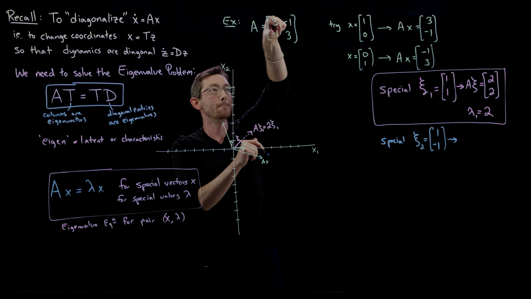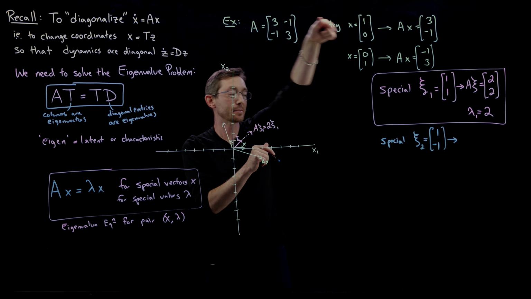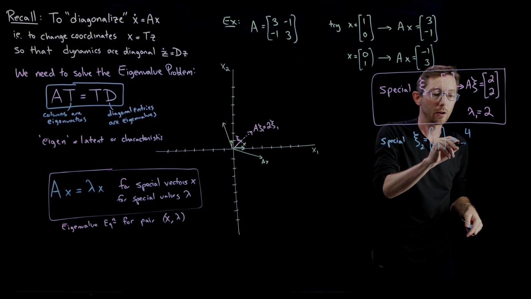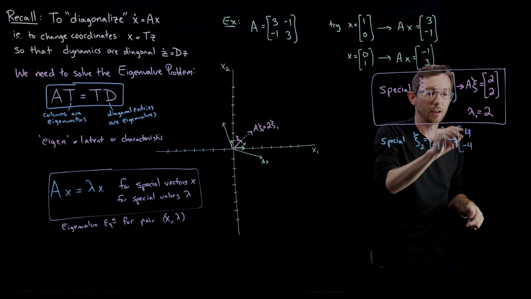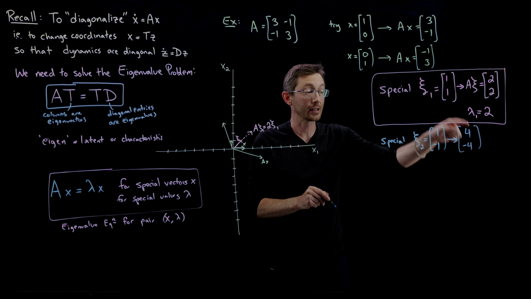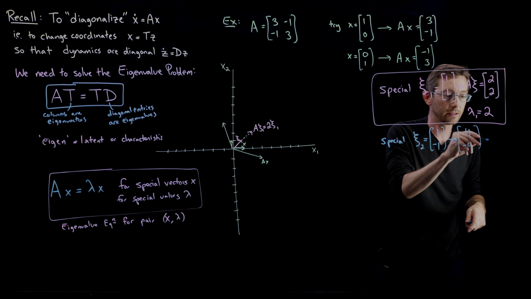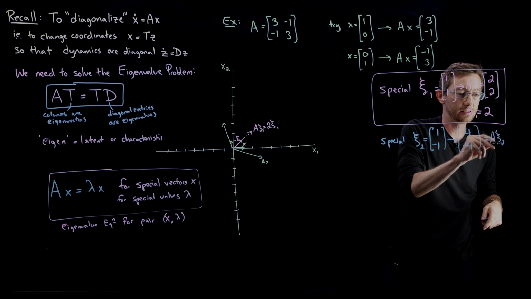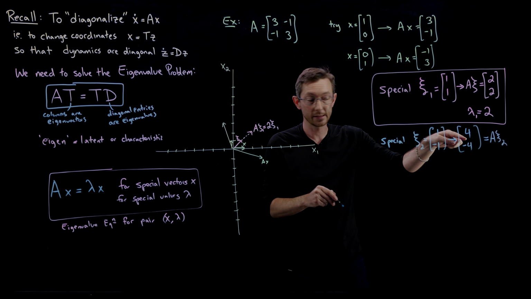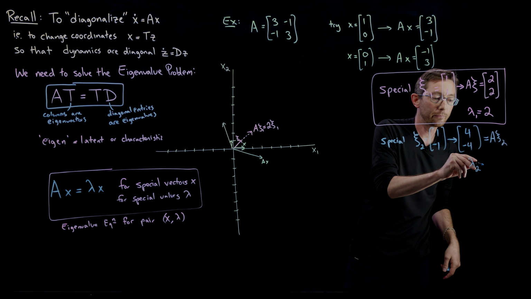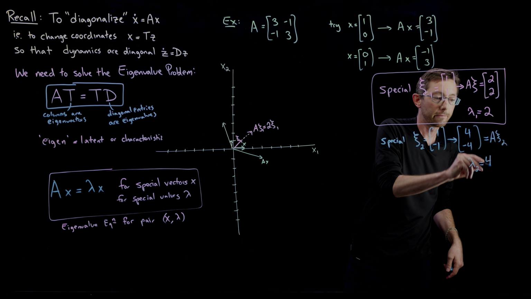And minus 1 minus 3 is minus 4. So I get 4 minus 4. Again, this is just a constant scaling of xi2. Sorry, I should have written that this is A times xi2. And that's what this 4, negative 4 is. And so my lambda 2 equals 4.